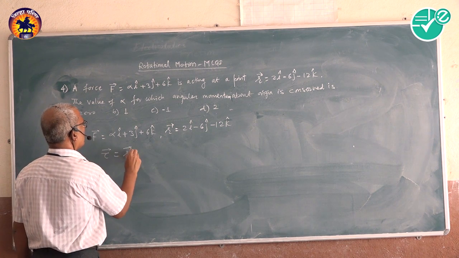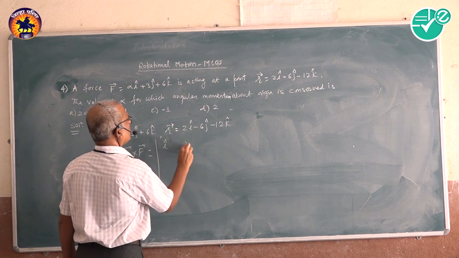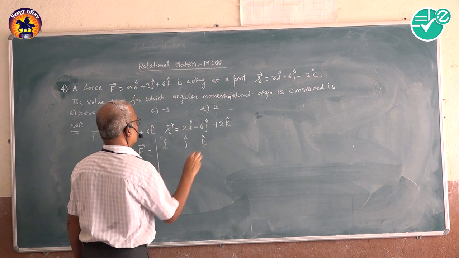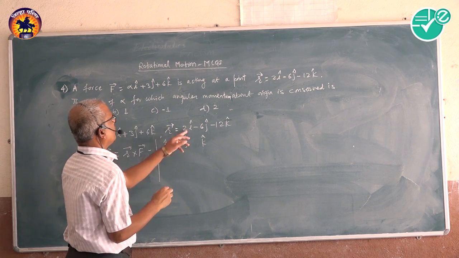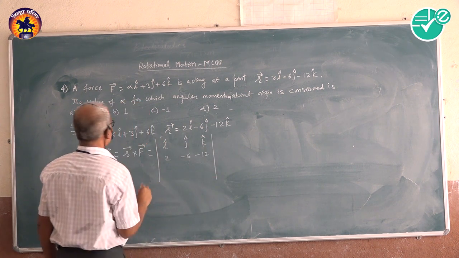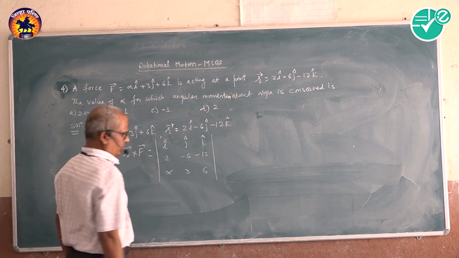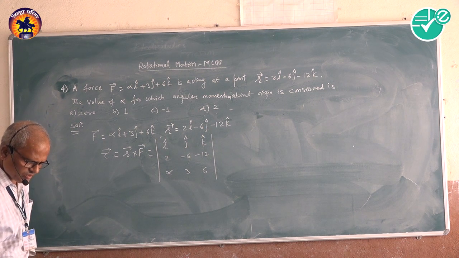Torque is equal to vector R cross vector F. By using a determinant, we can solve this. R values are 2, minus 6, minus 12, and F values are alpha, 3 and 6.